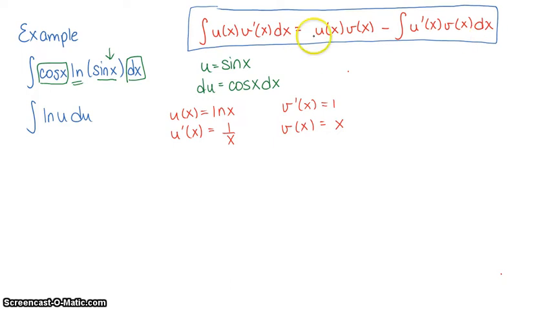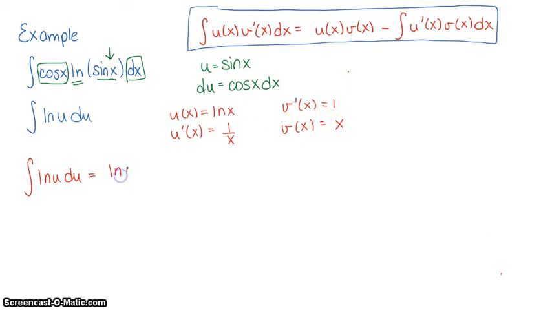Then if we use this formula here, we now have our u of x and our v of x. So we can write it as the integral of ln of u du is equal to u of x times v of x in terms of the u variable here.